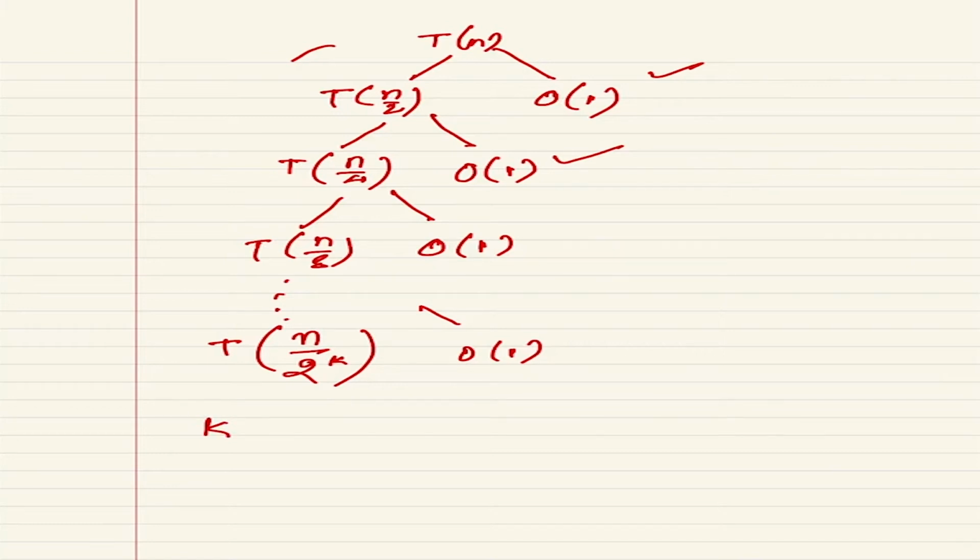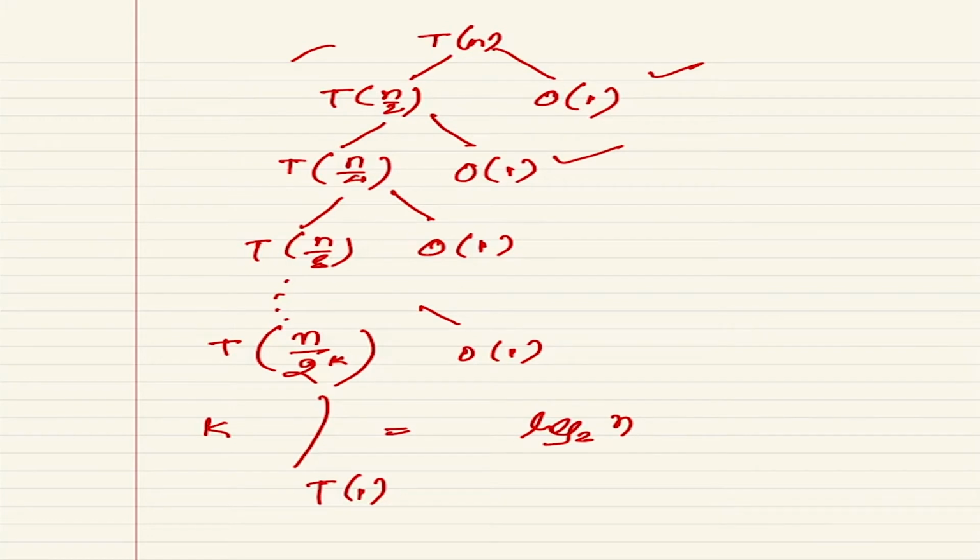So k in this case should be log n, since 2 to the power log n gives n. So this becomes T(1). And imagine T(1) will take some constant time. That is solving for a problem of size 1. Only one element, you have to search for the key, it will take constant time.